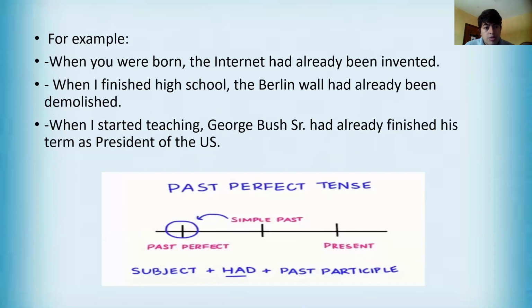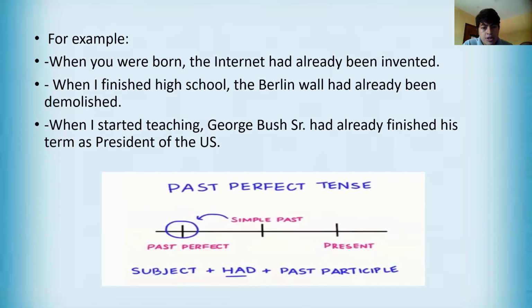Another example: When you were born, the internet had already been invented. Okay, this is an example of two actions that are in the past.